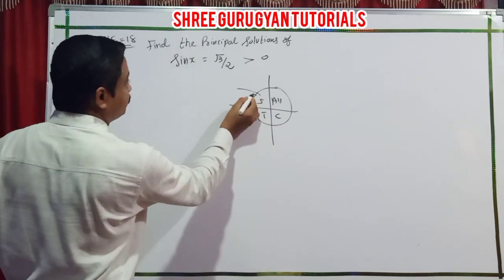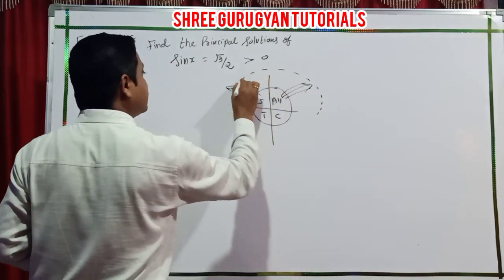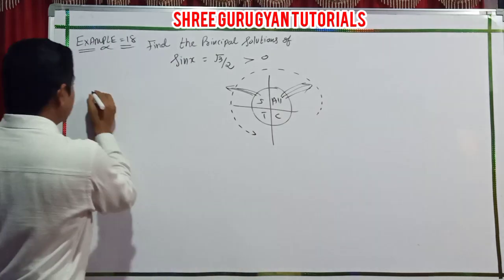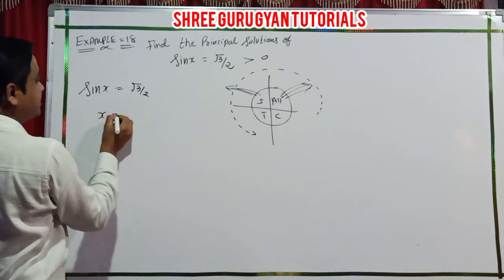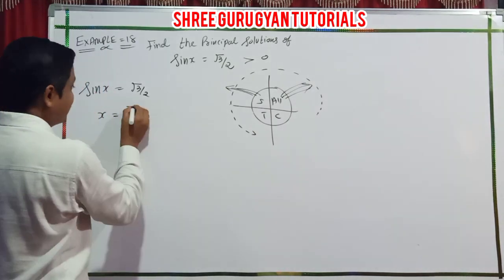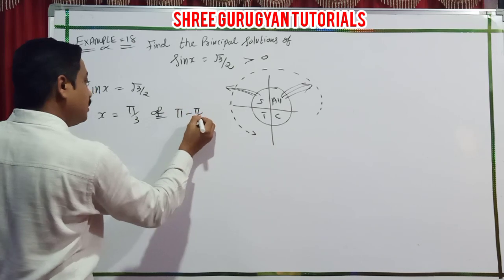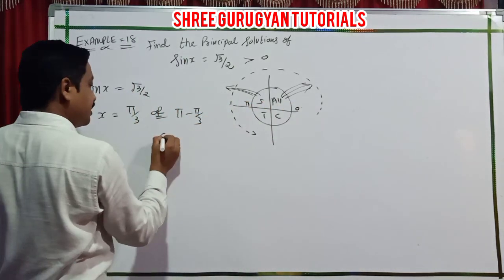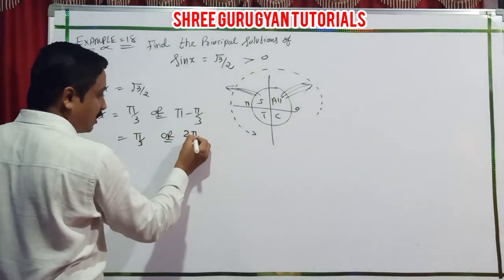Sin positive is here, in anti-clockwise rotation. Your answer is in the first quadrant and second quadrant. So sin x is root 3 by 2. Yes, when sin is root 3 by 2, it is 60 degrees. 60 means pi by 3. Otherwise pi minus pi by 3, because here is pi, here is 0 degrees. So my answer is pi by 3 and here 2 pi by 3.